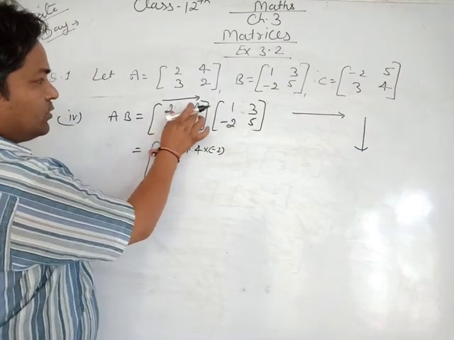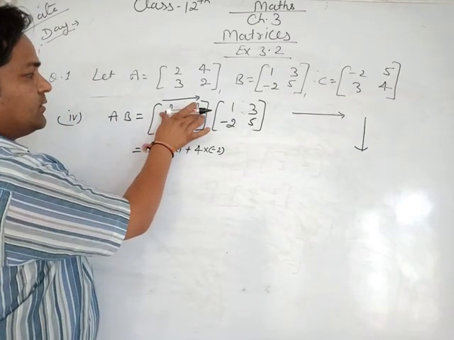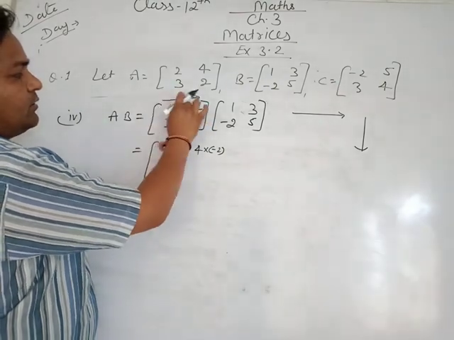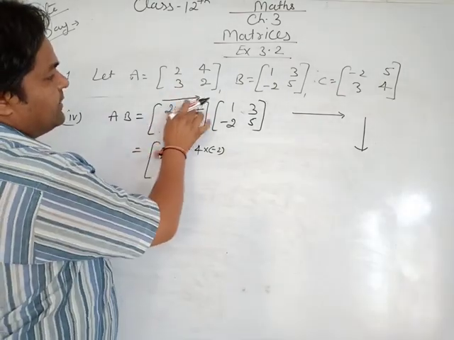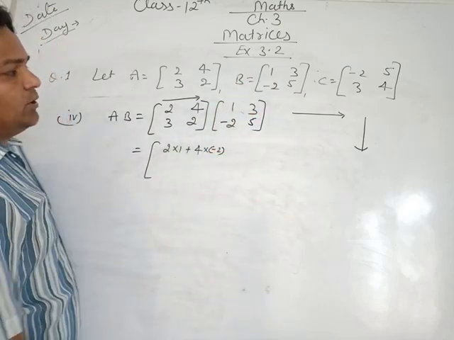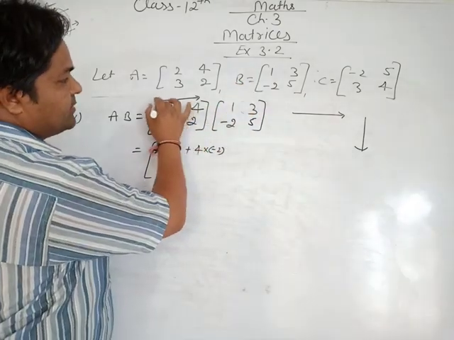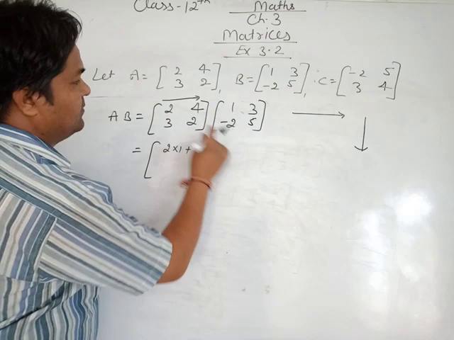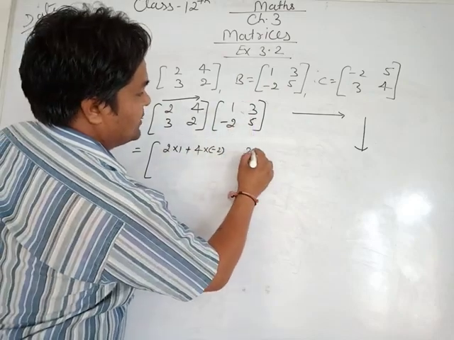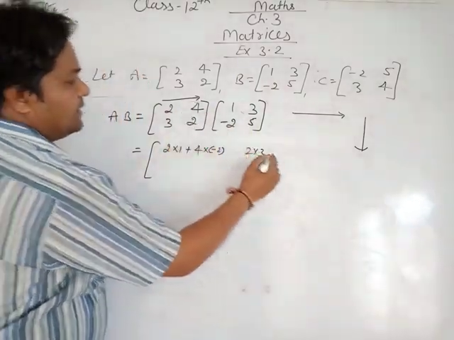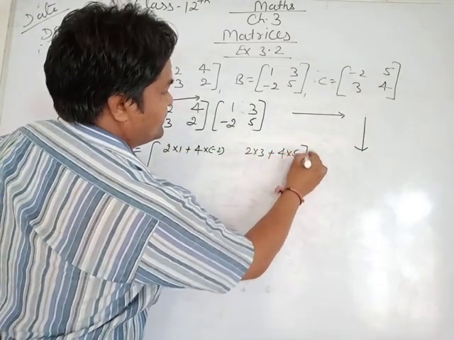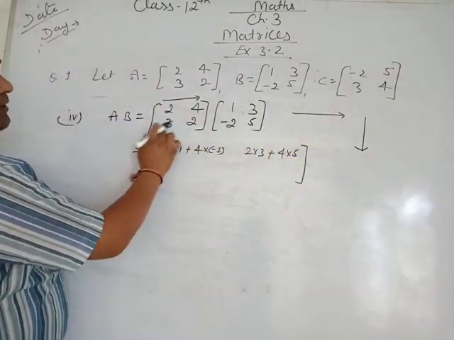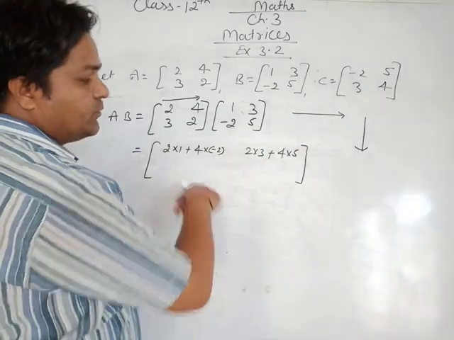Second, same: take the first row of matrix A and the second column of matrix B, means this and this. 2 multiply 3 and plus sign 4 multiply 5. Again, we will write the elements of the second row.